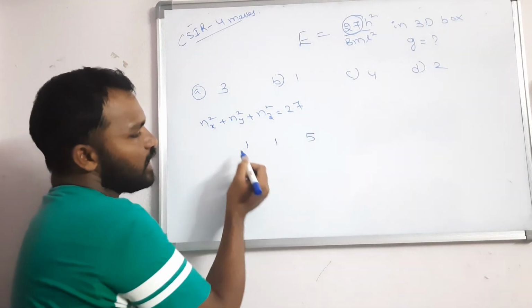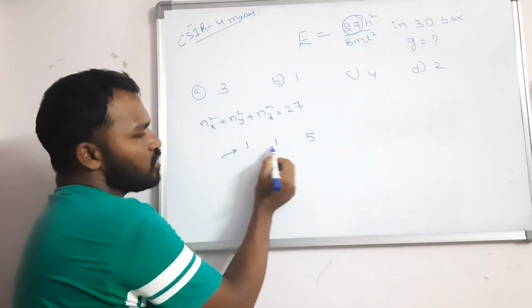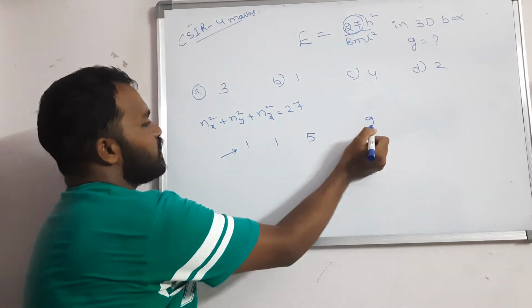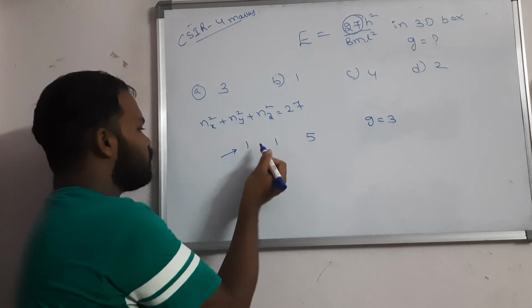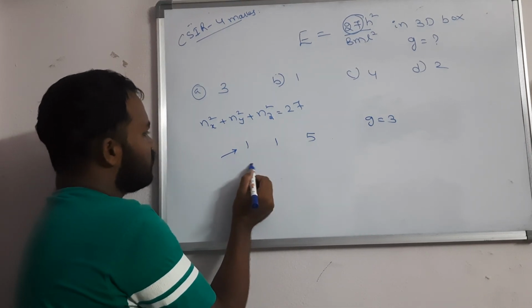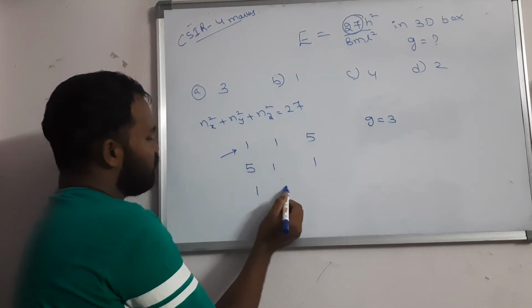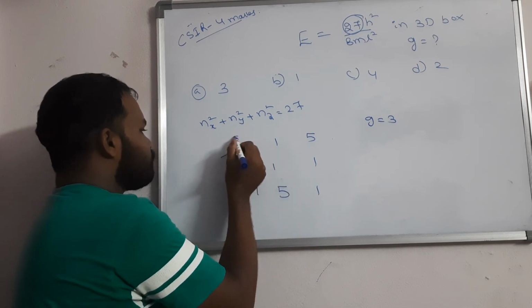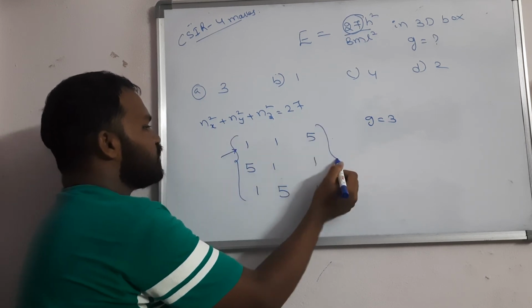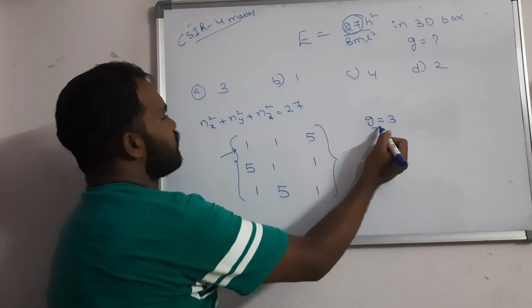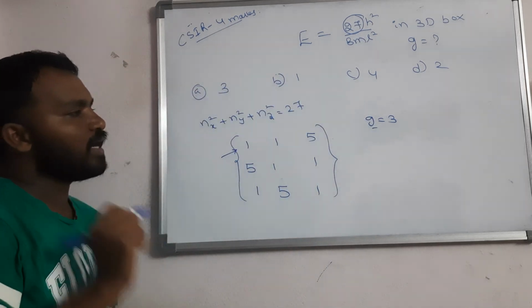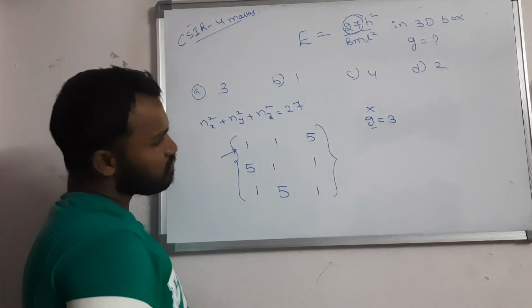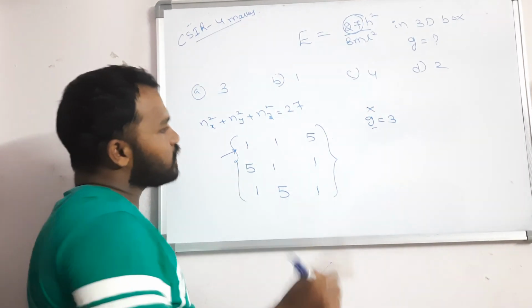So already you can say directly that any two are the same and one is different, so degeneracy is equal to 3. So we write 1, 1, 5, next 5, 1, 1, next 1, 5, 1. Except for this, is there any additional? Most people will choose degeneracy 3, but the answer is not 3.